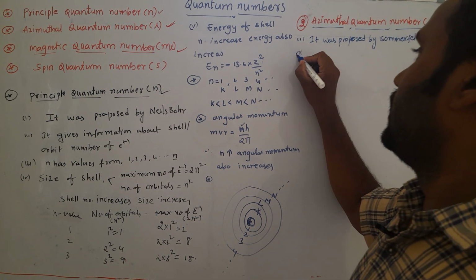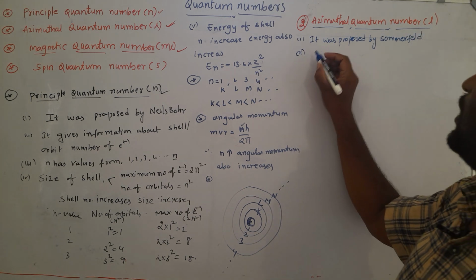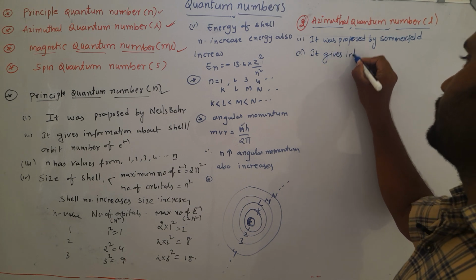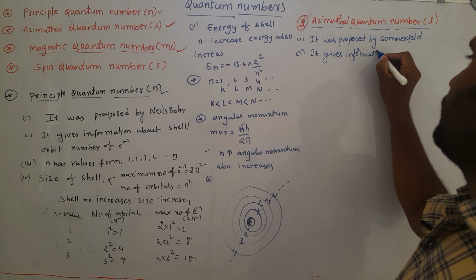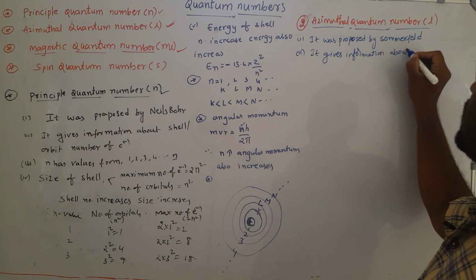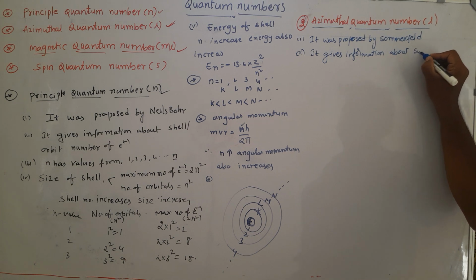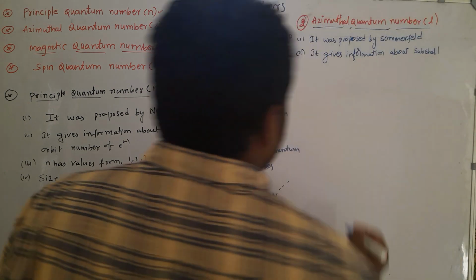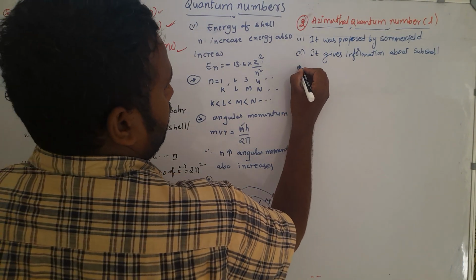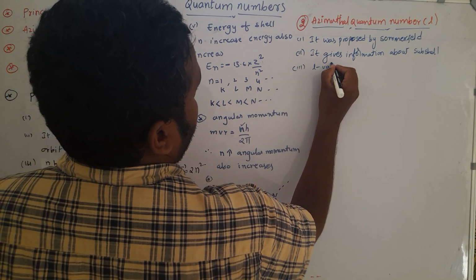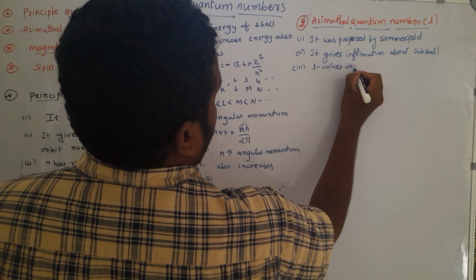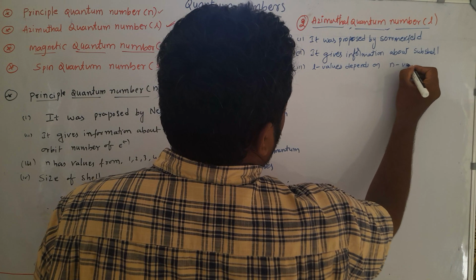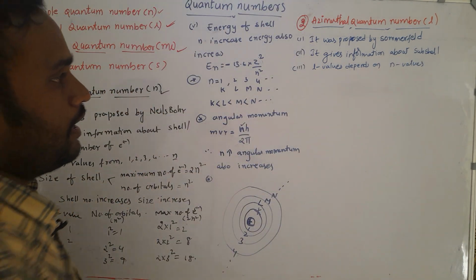It gives information about subshells. These L values depend on the n value, which means the principal quantum number.